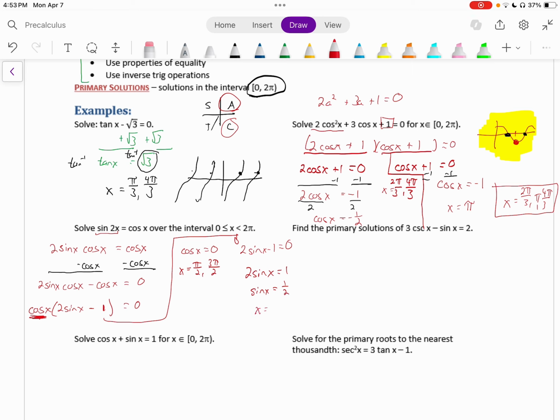Sine is also positive in the second quadrant, so that's going to be 5 pi over 6. So just to put all of our answers together here, we can write x equals pi over 6, 5 pi over 6, pi over 2, and 3 pi over 2.